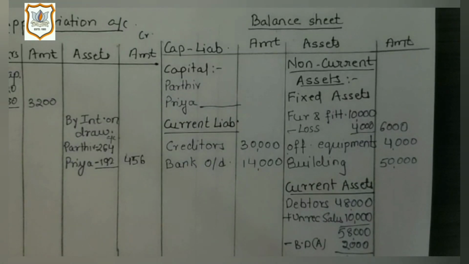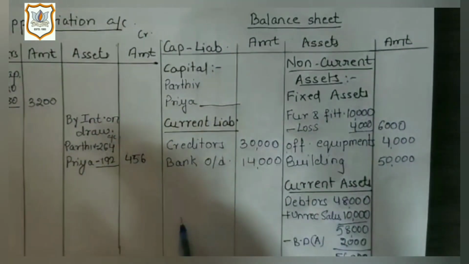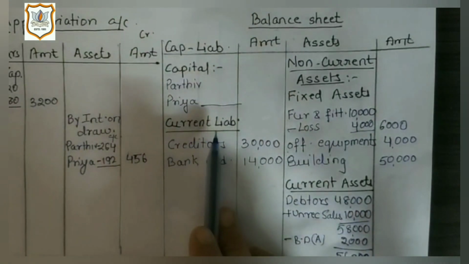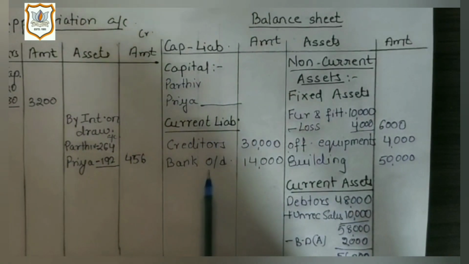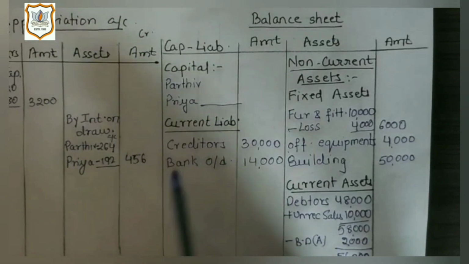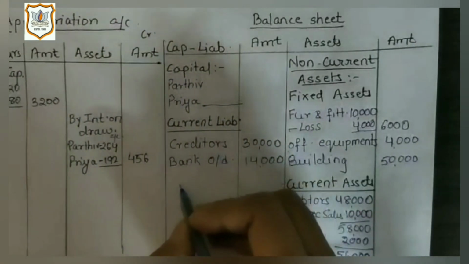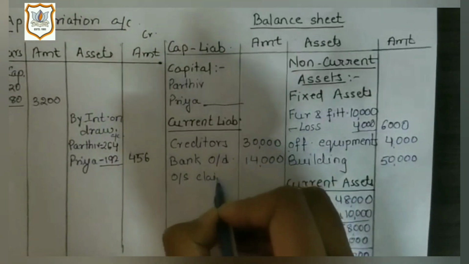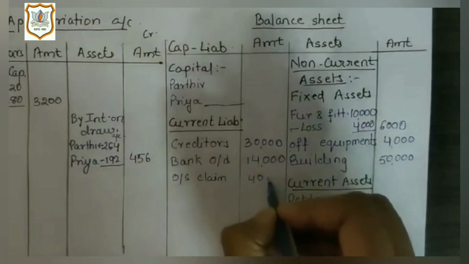Now let's see adjustment number 5. A court has finalized claim of rupees 4,000 for not meeting agreement to provide goods to customer. Here first effect will be on liability side of balance sheet under the heading of current liability, since the firm will have to pay claim of rupees 4,000 in future. So write it here, outstanding claim 4,000.